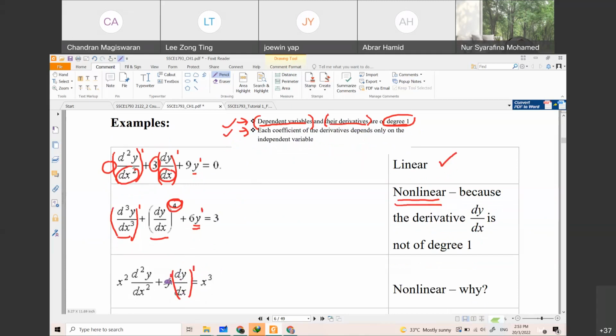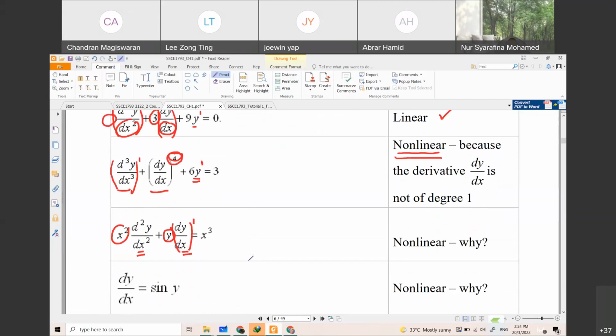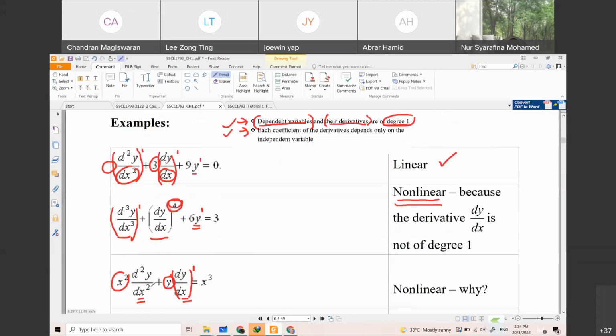As you can see here, we have y as a coefficient of the derivative, and x squared as a coefficient of the derivative, which means it does not depend only on the independent variable. Then it is non-linear. The previous one is non-linear because the degree is not 1. This one is because each coefficient does not depend only on the independent variable.